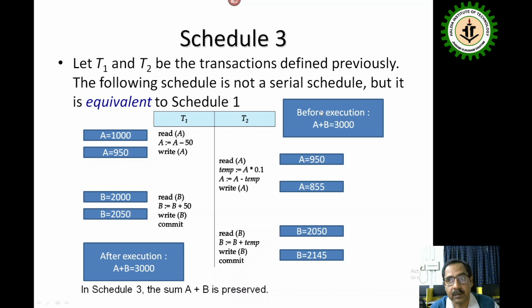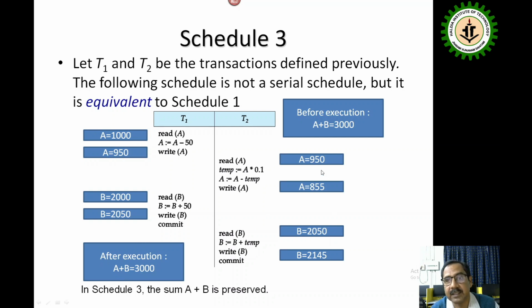So check, before execution, the initial value of A is 1000 and the initial value of B is 2000. The total amount of the account holders A and B is rupees 3000. After execution of T1 and T2, what is the value of A?